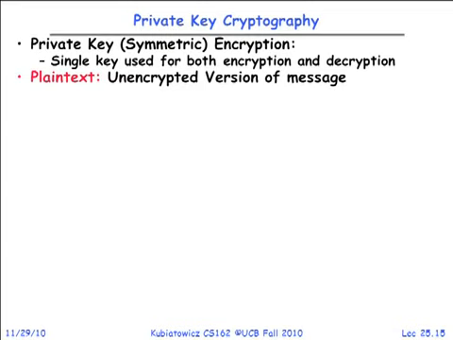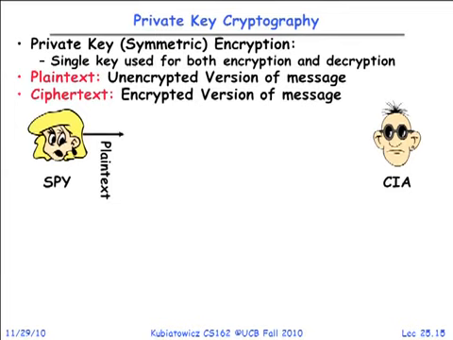Let me give you some terminology here. Plain text is the original message unencrypted. Ciphertext is the encrypted version of the message. So here we go. Alice wants to talk to Bob. He's over at the CIA. He has my haircut. The idea here is that Alice is going to send plain text to Bob, and what she needs to do is encrypt it, and presumably she's got the key to do so.